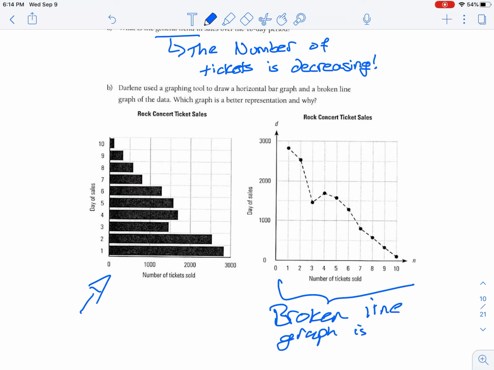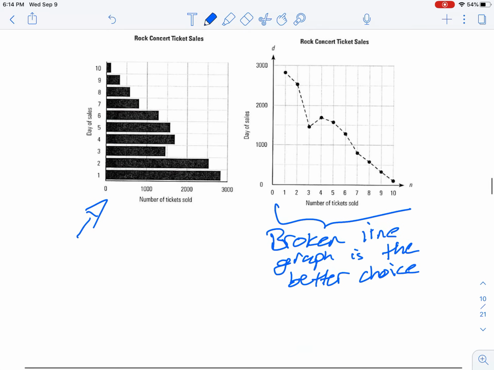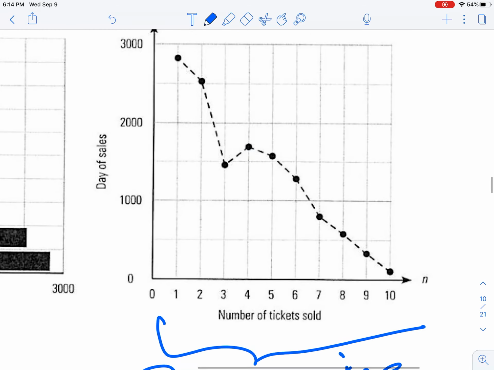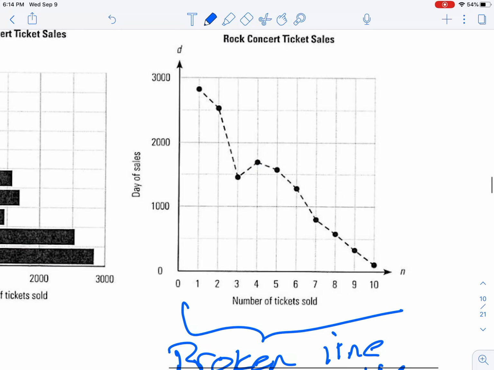So the broken line graph is the better choice because you can see the trend better. So we can see the trend a heck of a lot easier on this one. You can also estimate a little bit. Okay, this one's a little easier to estimate.